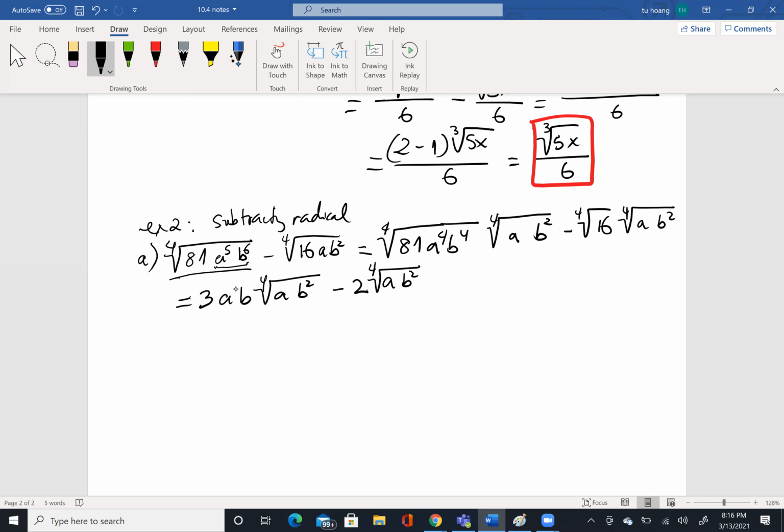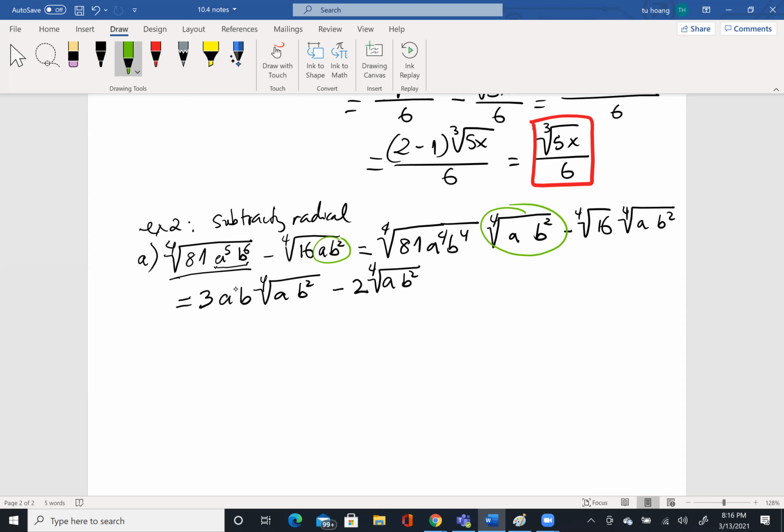You can also notice that usually if you start with something like that, you can try to think about whether you can have a like radical with a times b squared over here. That's why I split out the a and b squared from the first term.